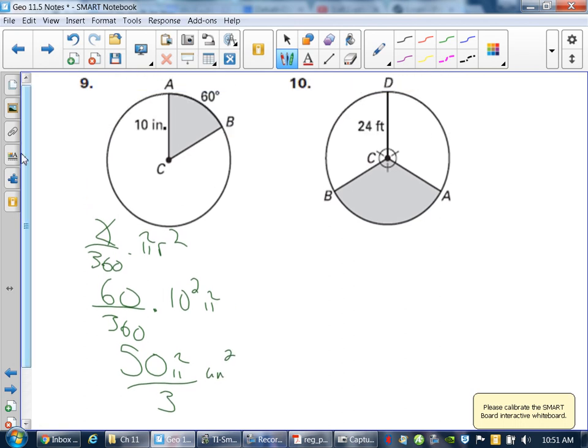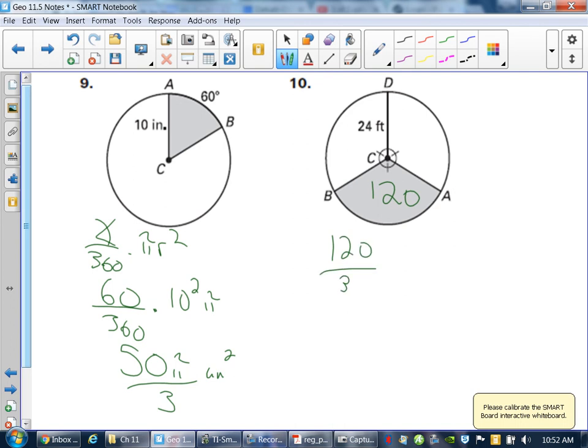Okay. Then the other one, again, it's just a matter of figuring out what the angle is. Well, you've got three congruent tick marks. If you know how many degrees are in a circle, which I hope that you do by now, you wind up with 120 as your central angle.